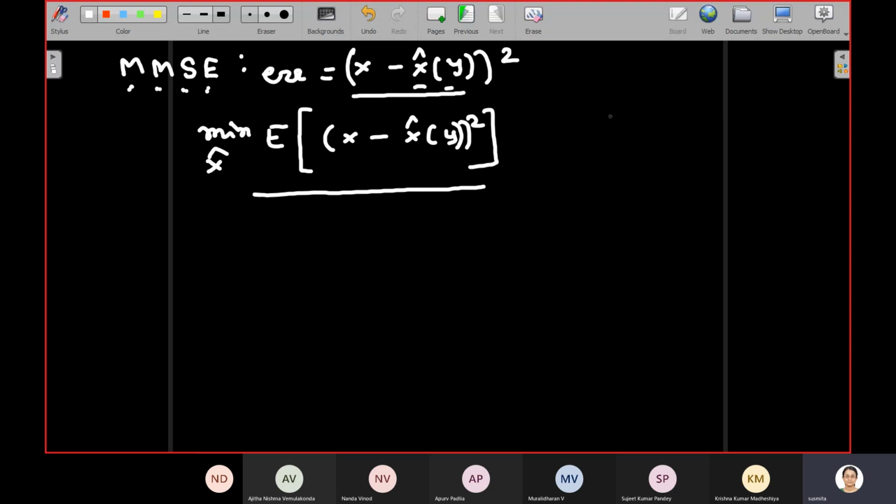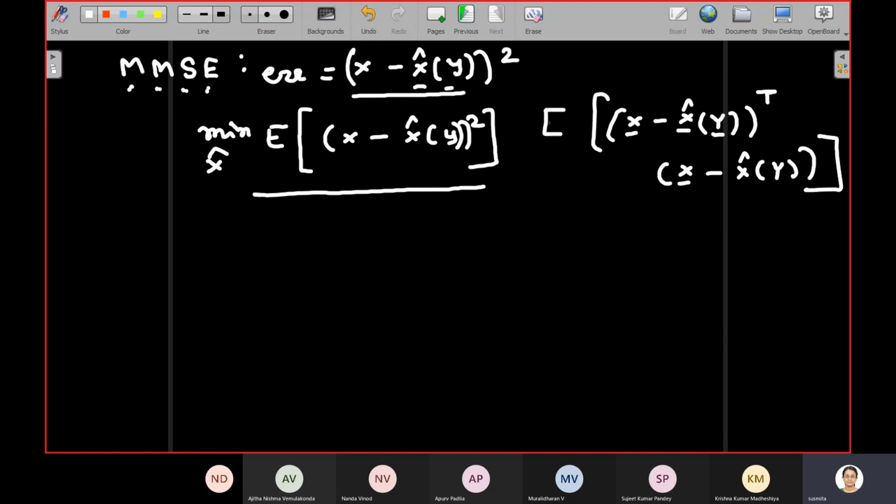Now what if x is a vector? If x is a vector, then we can take this one, transpose it, and then multiply it with the original loop. So this whole thing we take and then we apply the expectation operator.